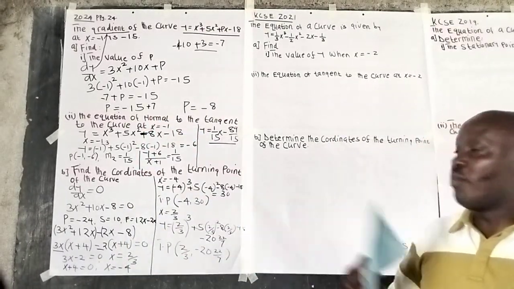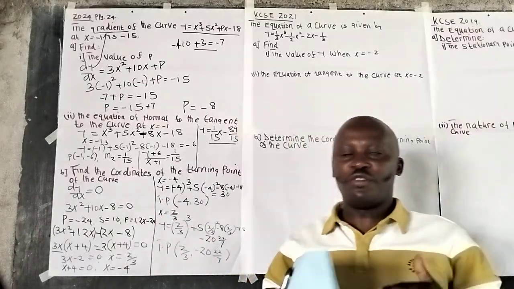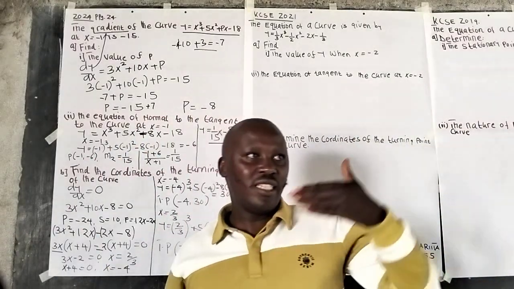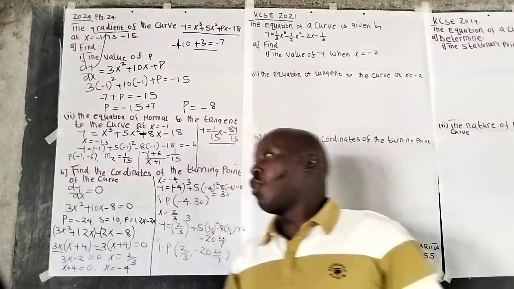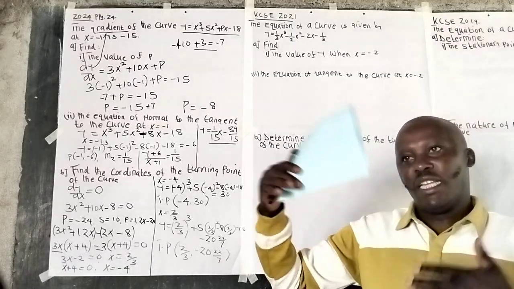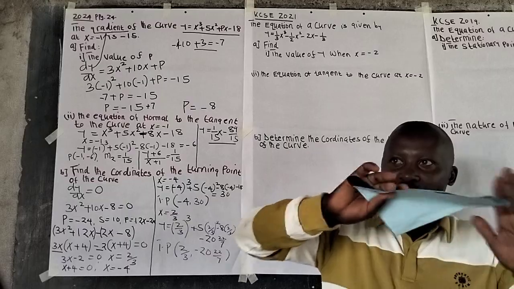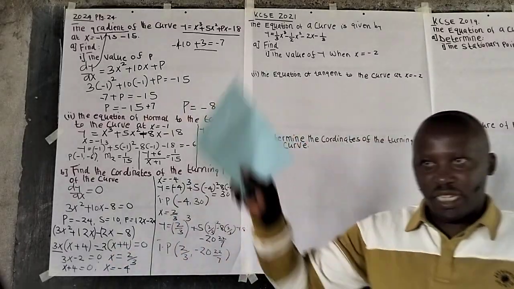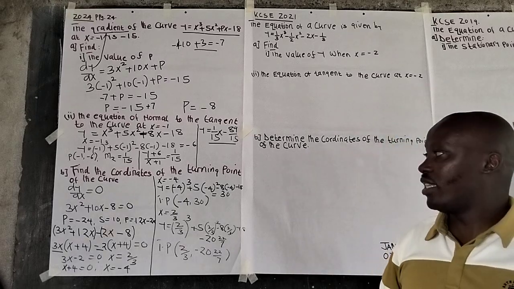The equation of a normal to the curve. Here you use the principles of the perpendicular line, the equation of a line from form 2. If we are talking about the equation of a normal to the curve, it is like we are talking about a line which is perpendicular to that curve. So the line which is perpendicular to that curve makes an angle of 90 degrees.